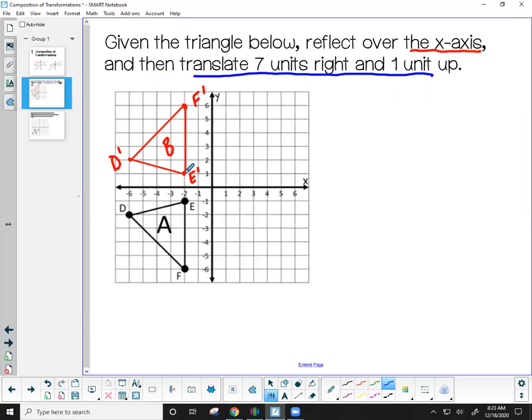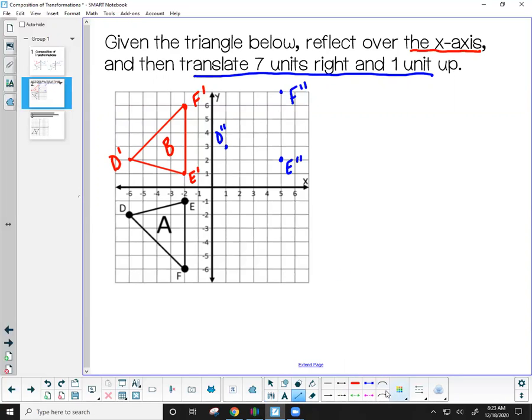So literally, I need to take every point, move it to the right 7 units, and then go up 1 unit. So this becomes E double prime. I take F, move it 7 to the right and 1 up. This becomes F double prime. D gets moved 7 to the right and 1 unit up. This becomes D double prime.